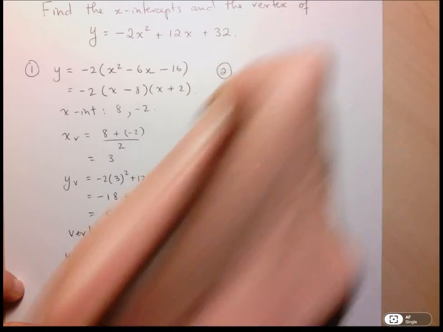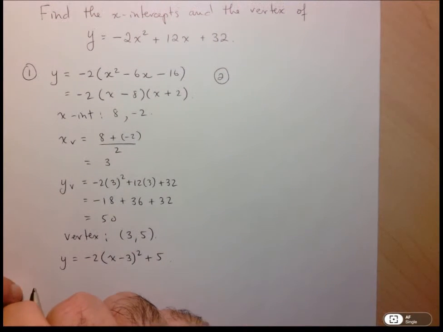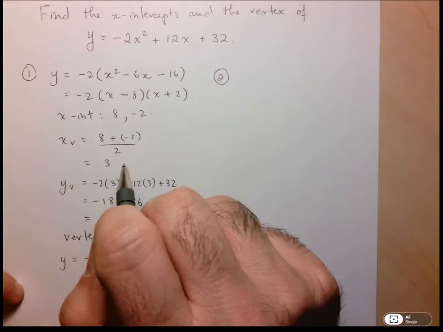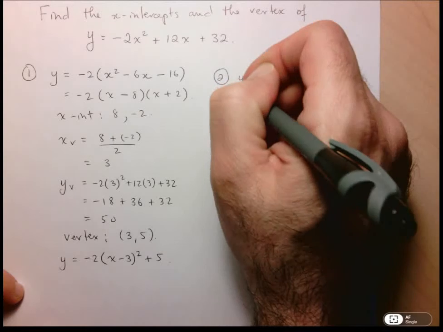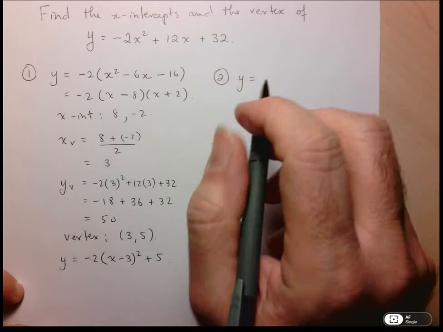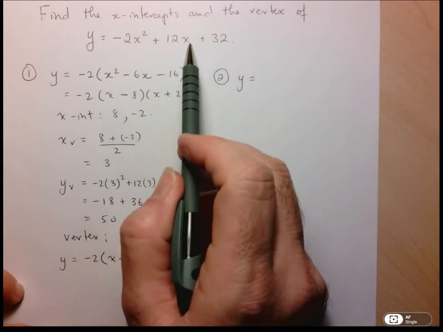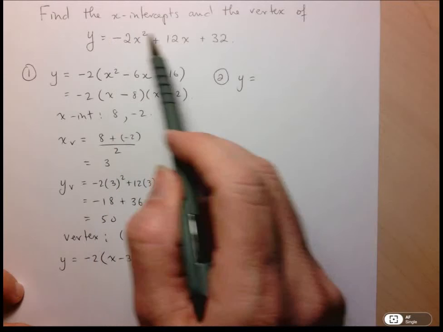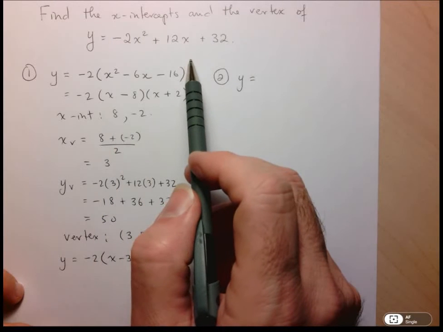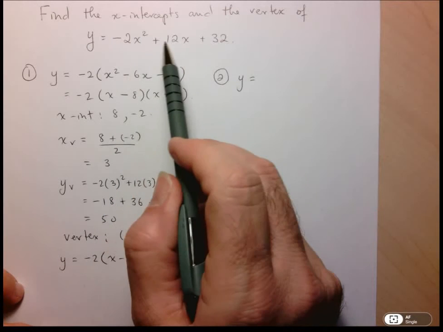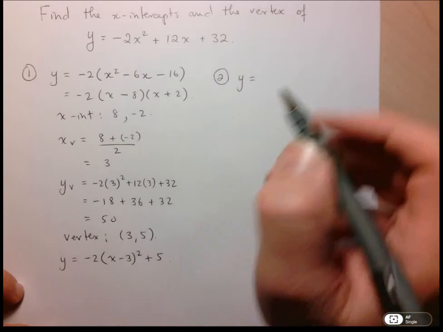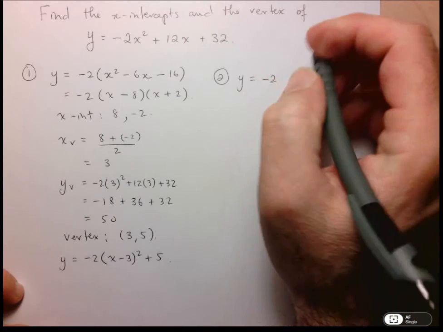So number 2 is to first find the vertex, and the way in which we do that is we complete the square. So let's do that as a review on completing the square. When we're completing the square, we're really only working with the first two terms. The plus 32 we'll only deal with at the end. So I'm going to start by factoring out the negative 2 like I did before, but only from the first two terms.